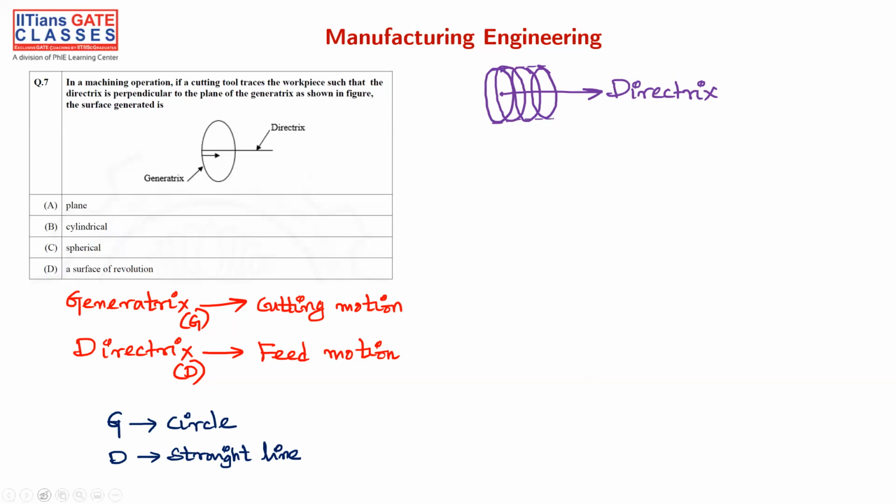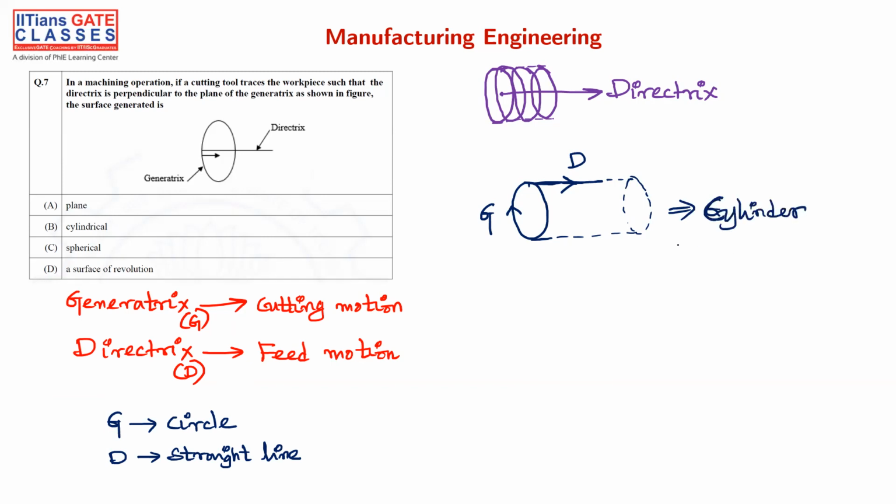So if you want a clear diagram, this is the generatrix, G, and this is the directrix, D. Like this, we can say this is a cylinder. So the answer is B.